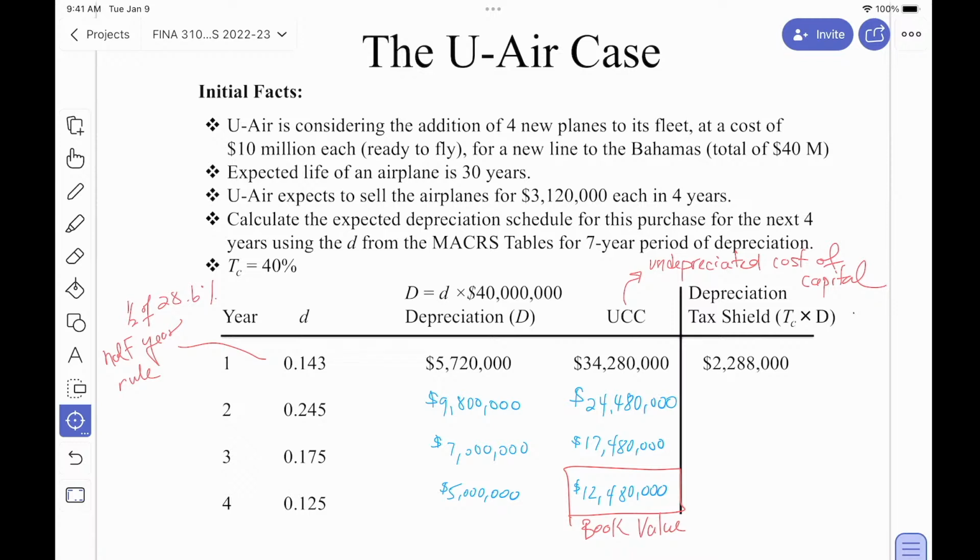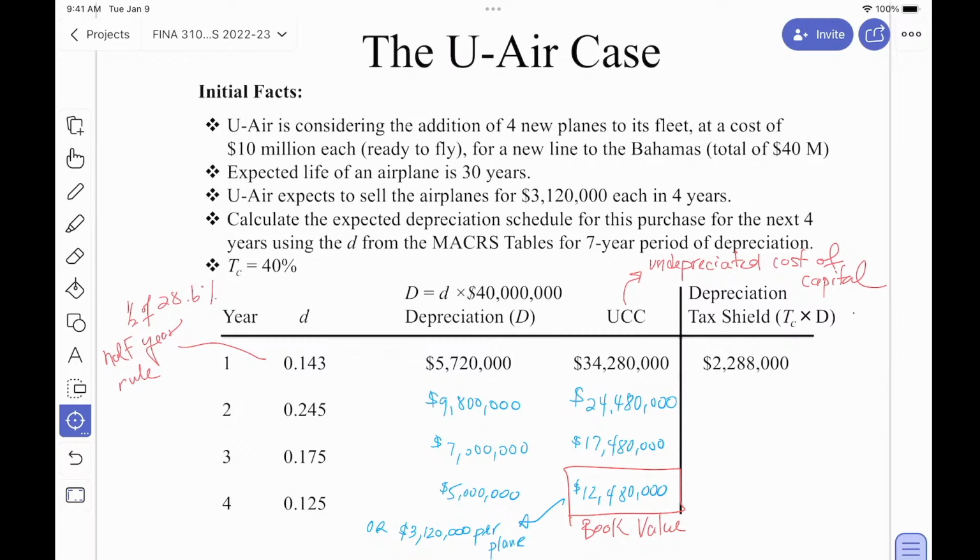If you take that amount and divide by 4, it's 12.48 million or 3.12 million per plane.